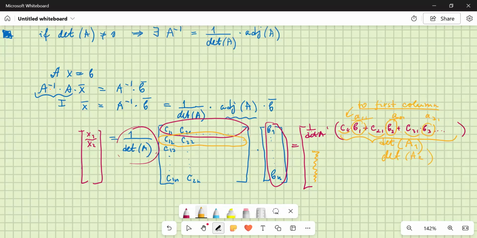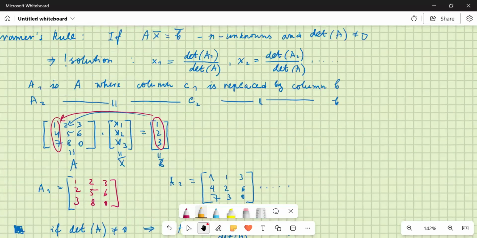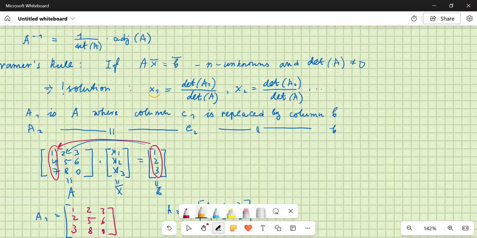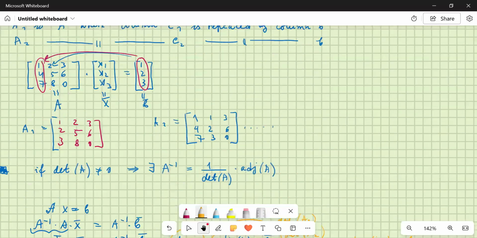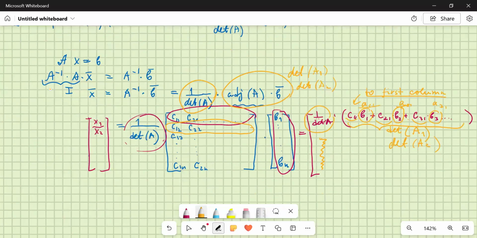Because we do have this part, which is 1 over determinant, and we do have this part, which is the determinant of matrix A1 or determinant of matrix A2 and so on, which is our formula, Cramer's rule. The first element is going to be determinant of matrix A1 over determinant of A, and the second element likewise. We are just going to have n elements, and each of them is multiplied by this coefficient, 1 over determinant A.